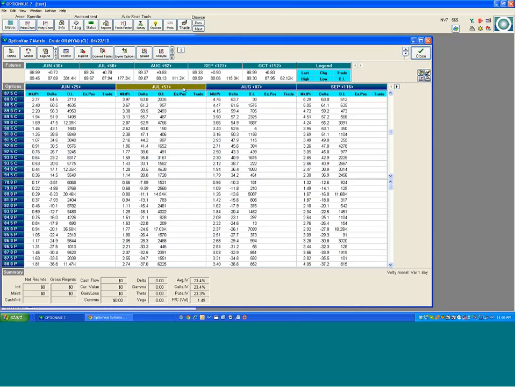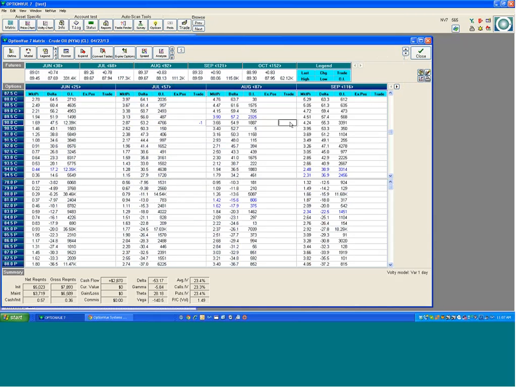You'll notice that in crude oil, we have July options tied to the July futures. We also have August options tied to the August futures. We basically have options for each month and futures for each month. If we were to do the following spread, if I were to take a look at the price of the July futures, 89.26, and if I were to sell a 90 call in the month of July, that call has a 53 delta.